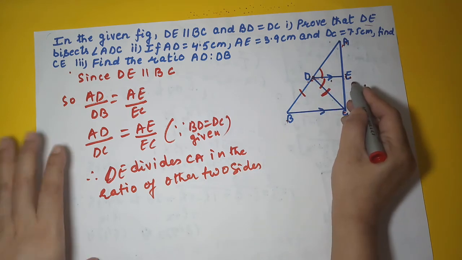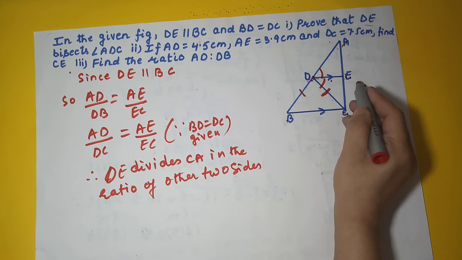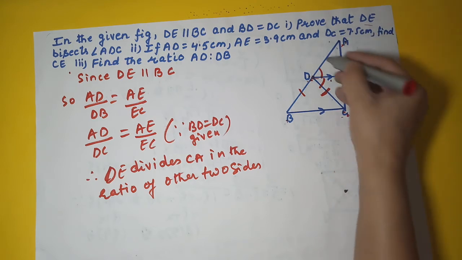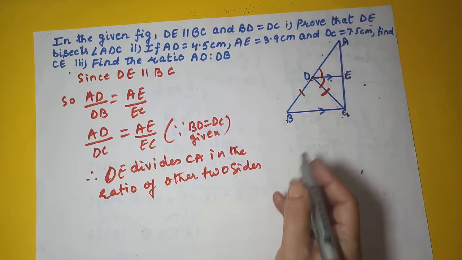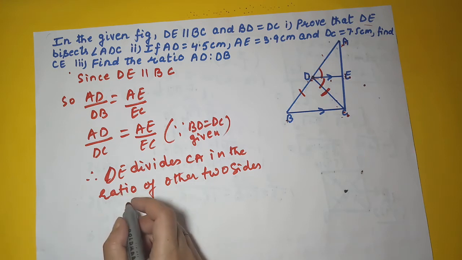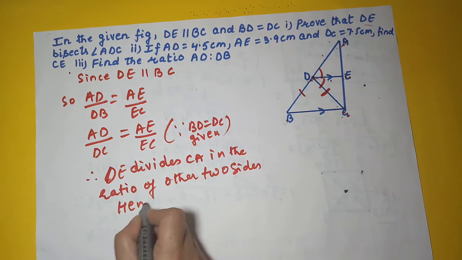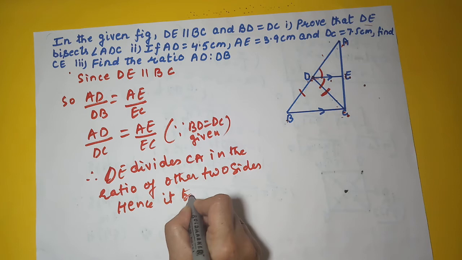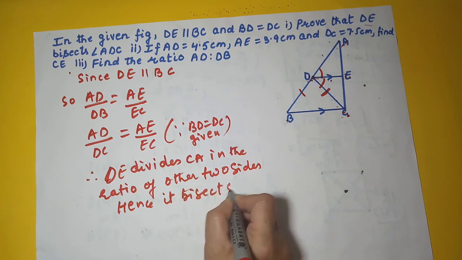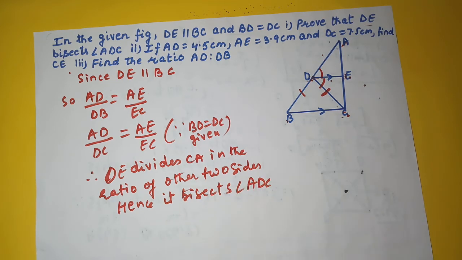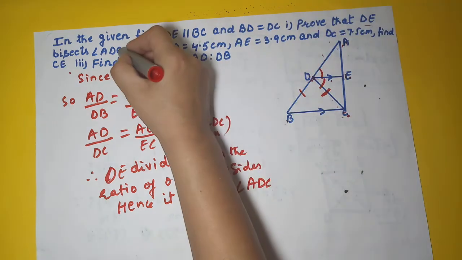So at that time what happens? Hence it bisects angle ADC. So you have proved the first part.